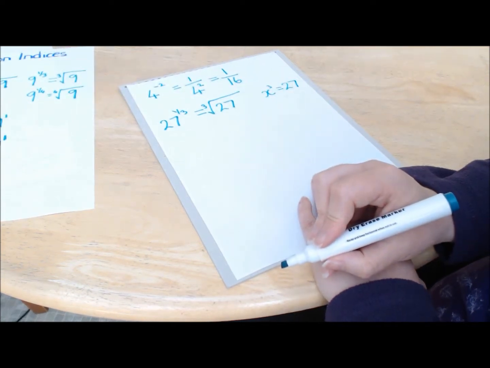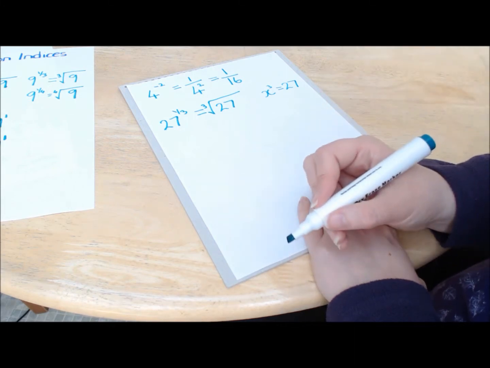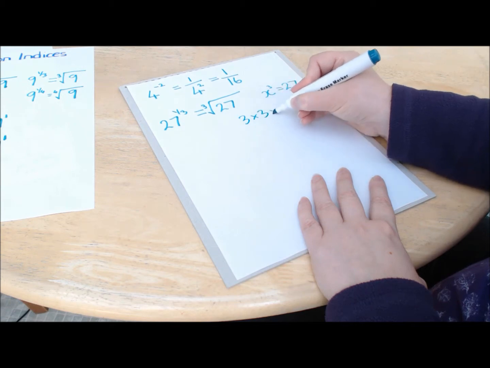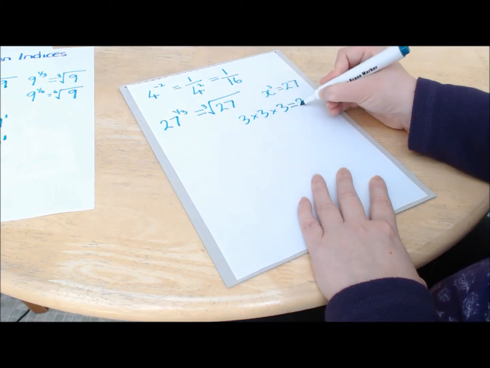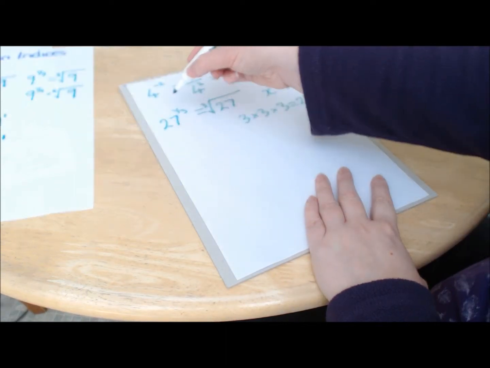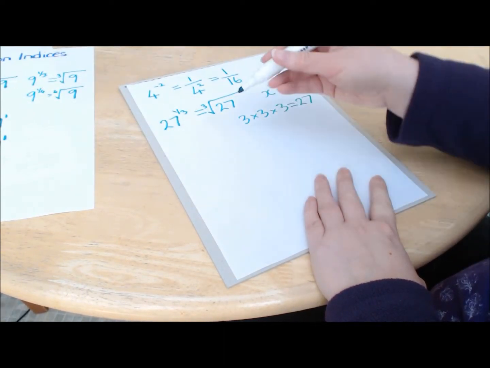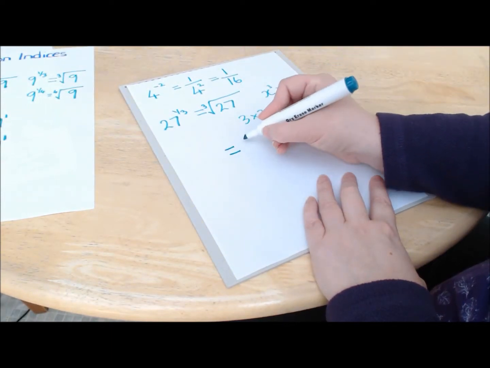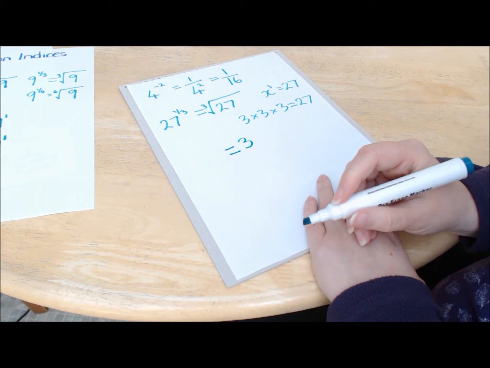It's partly guessing, partly you need to just learn these and have experience with this. So 3 times 3 times 3 gives us 27. And so 27 to the power of a third, which is the third root of 27, equals 3.